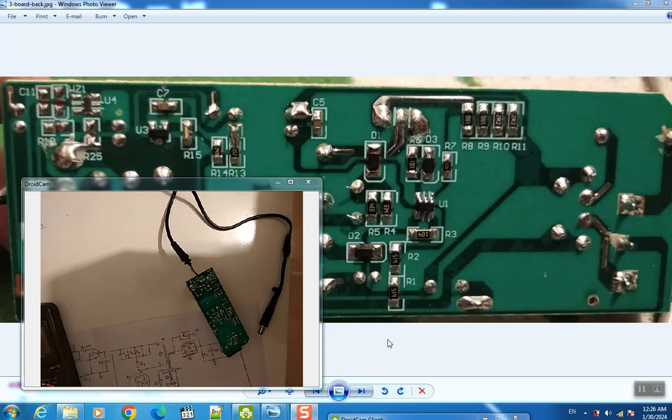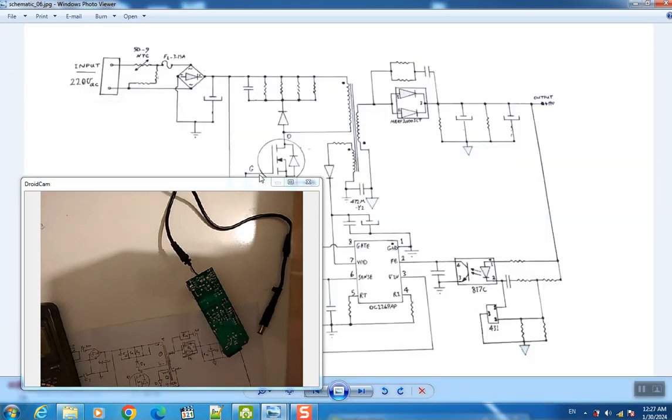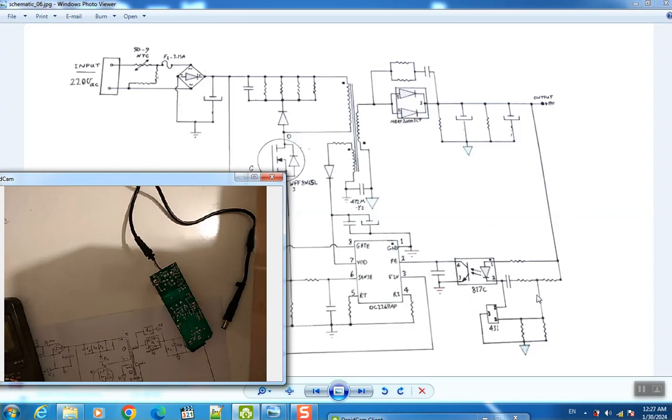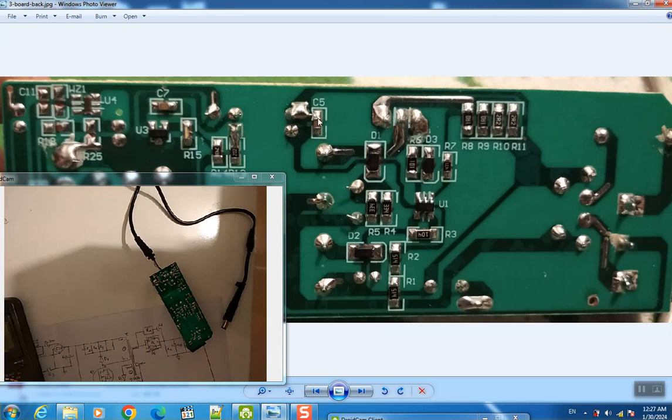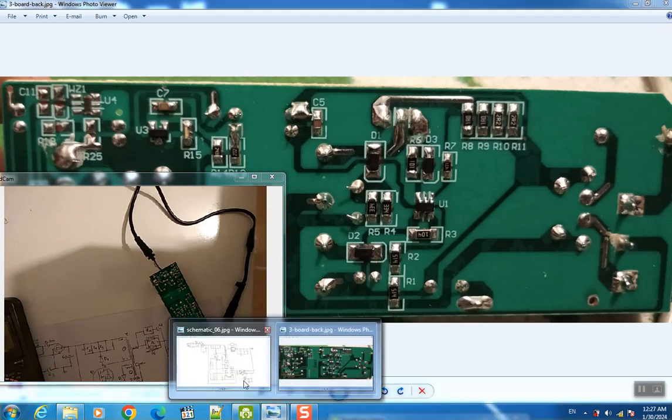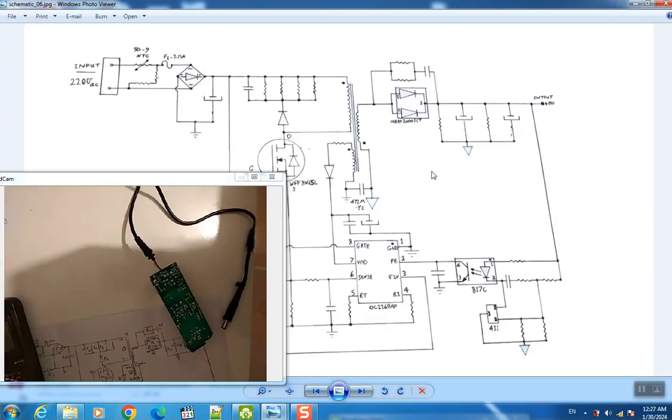For example, there is a capacitor here, which is called C5, and by taking a look at this diagram, we find this is C5 because it's located nearby pin 3 and pin 4 of 870.